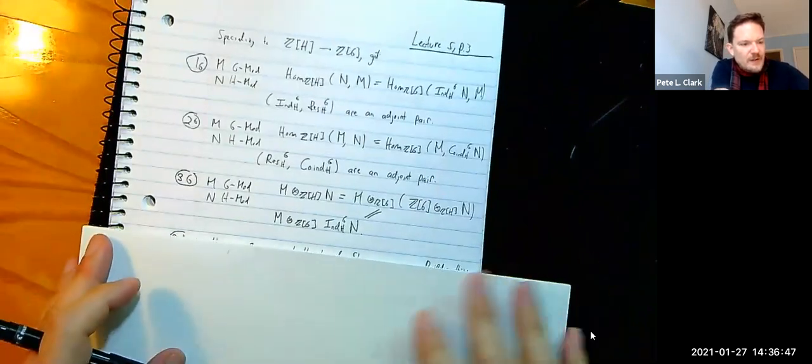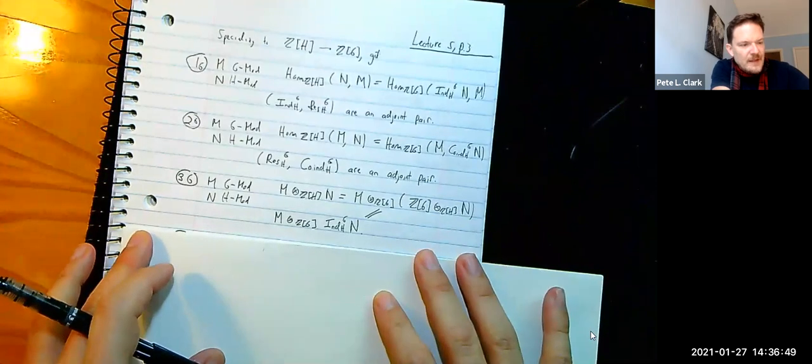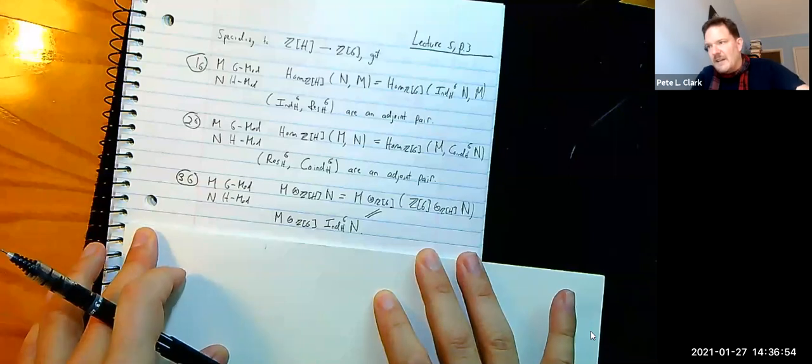Now I want to come back to Earth, and I want to specialize these results to the case where our homomorphism is the homomorphism of group rings. In the first case, where I had the Hom tensor identity, I turned the page, unfortunately, but there's kind of nothing to do.